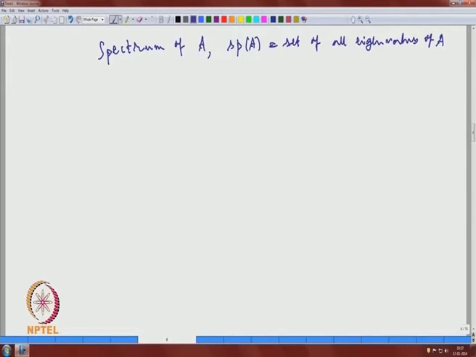Though A is a real matrix, an eigenvalue of A could be real or complex. Okay. So, let us split this into two parts. Let lambda 1 up to lambda r be the real eigenvalues counted with multiplicity, okay.